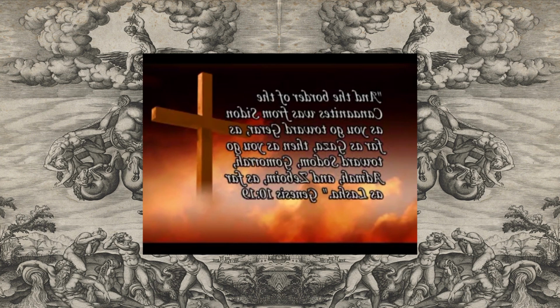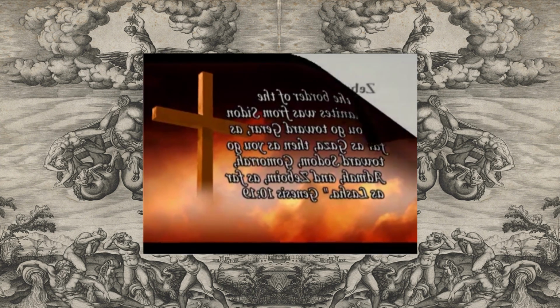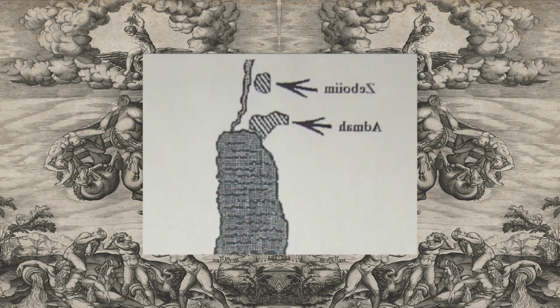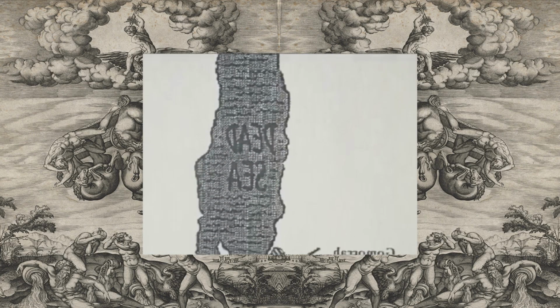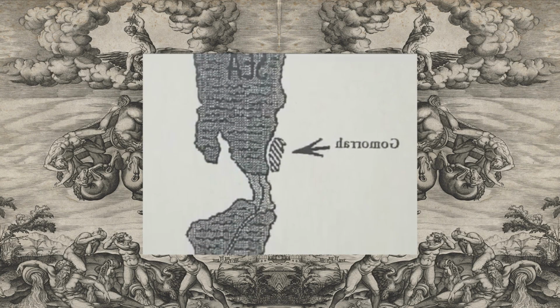And the border of the Canaanites was from Sidon as you go toward Gerar as far as Gaza, then as you go toward Sodom, Gomorrah, Admah, and Zeboim, as far as Lasha. The biblical description tells us the cities were spread out, forming a line along the Canaanite border, not grouped together in one area, as some may think.